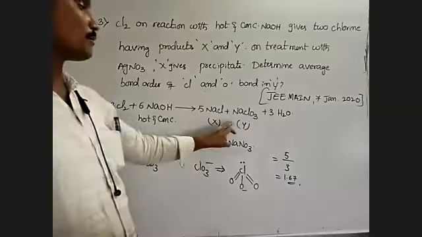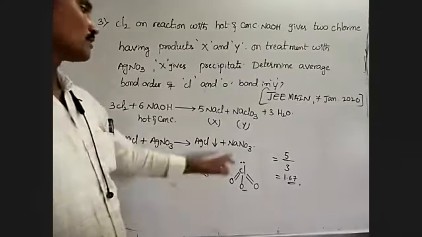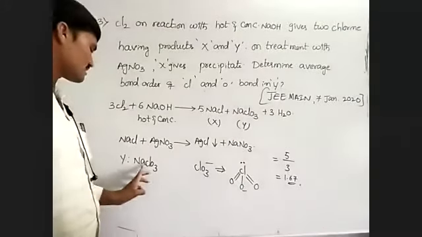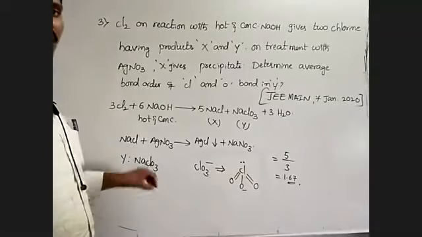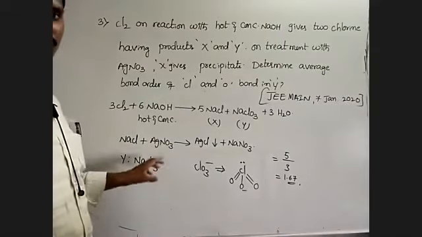In compound Y, the average bond order between chlorine and oxygen. Compound Y means NaClO3. On dissociation, Na plus and ClO3 minus ions are formed.